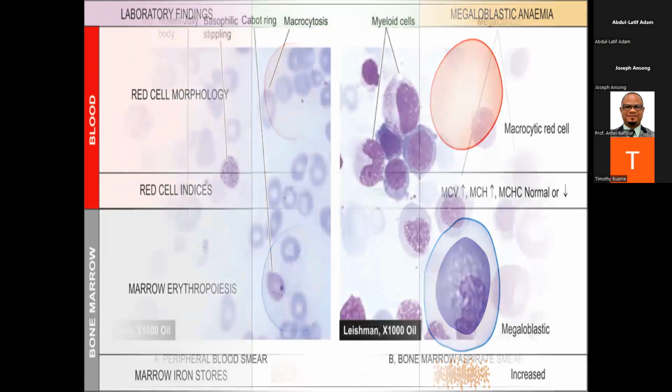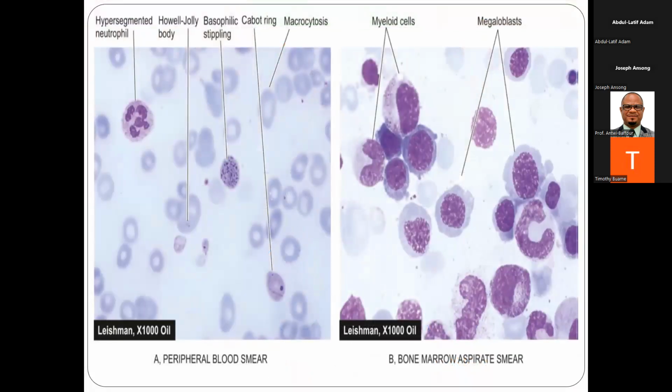Also, in the blood film, you see hypersegmented neutrophils. You see Howell-Jolly bodies, you see vacuolated segments, you see Cabot rings, and then the macrocytosis, larger red cells than normal. Yeah, that large. Then in the bone marrow, you see myeloid cells and megaloblasts.